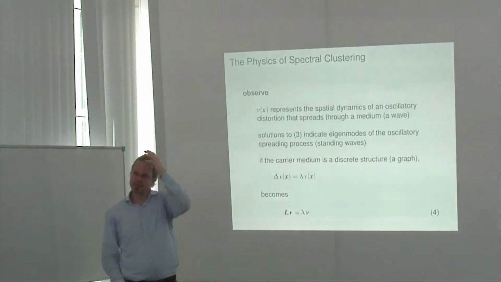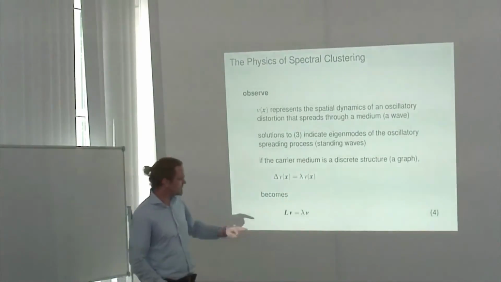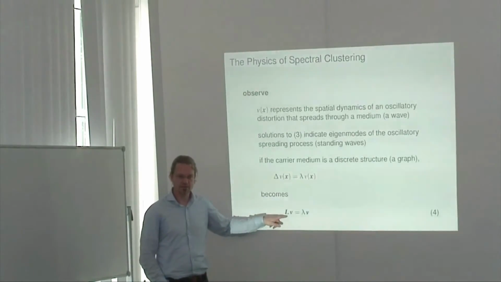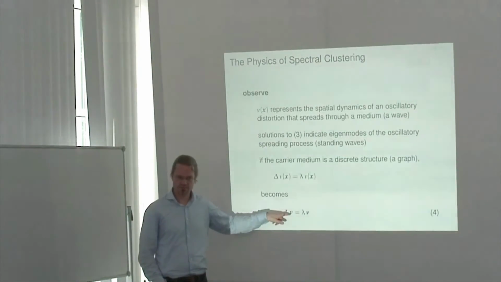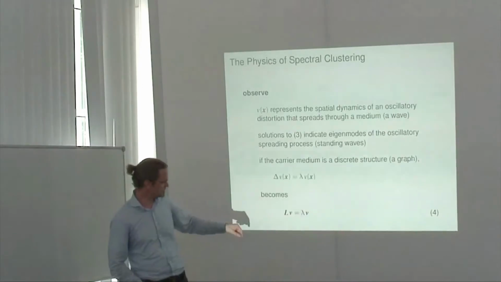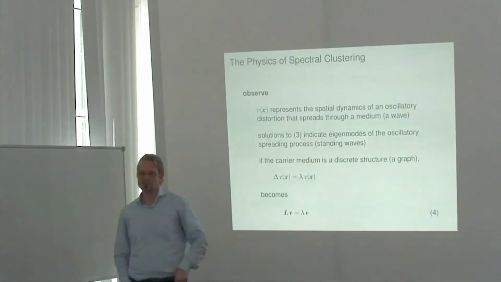What we worked out last time translates to this: the Laplace matrix times the label vector equals some scalar times the label vector.